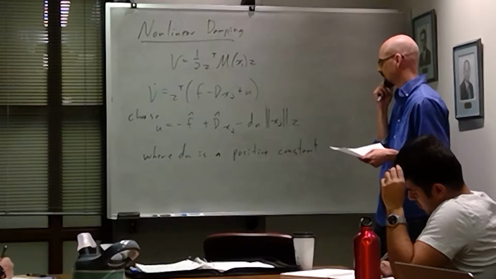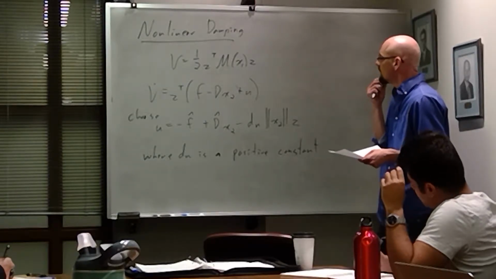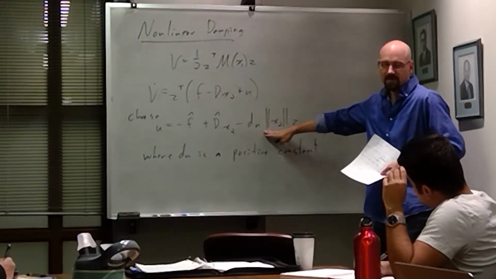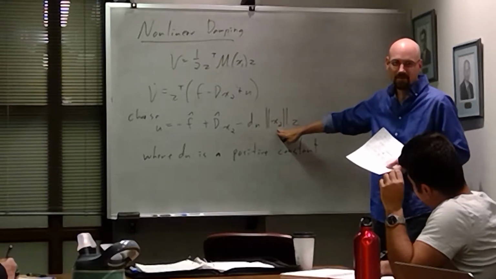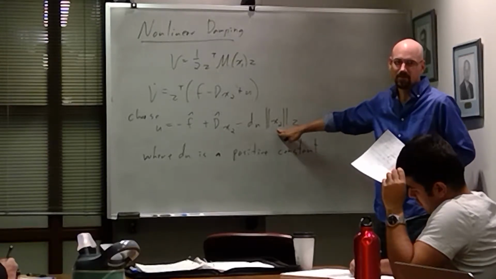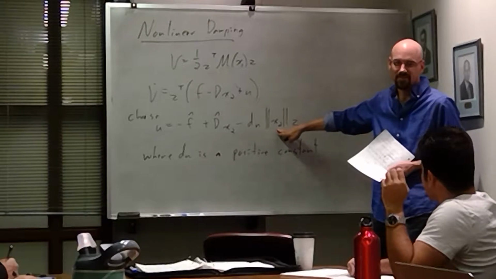In this case, dn will be a positive constant. So this is my robust control term in this case. And you can see it has a couple of advantages over the previous one. One of them is that it's continuous.